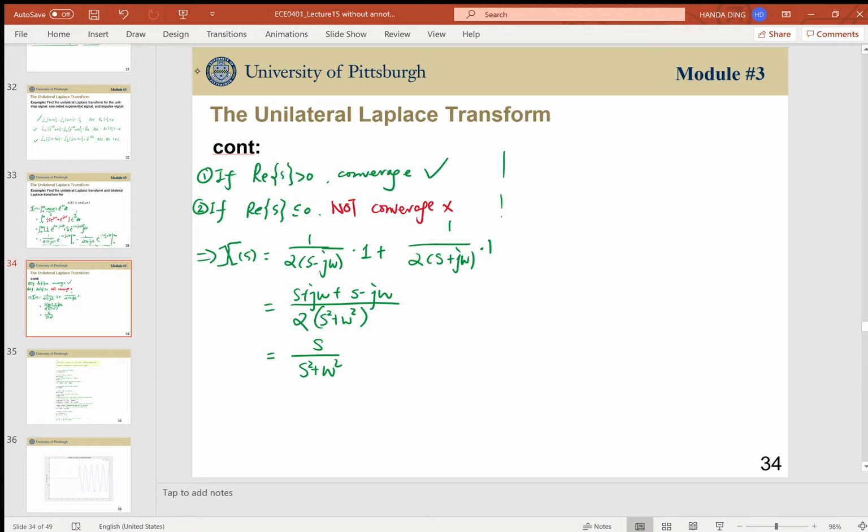So how about bilateral? Want to guess why that doesn't work at all? Bilateral, so here you go.